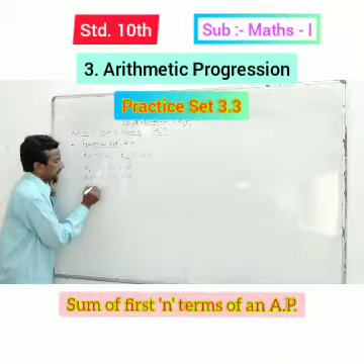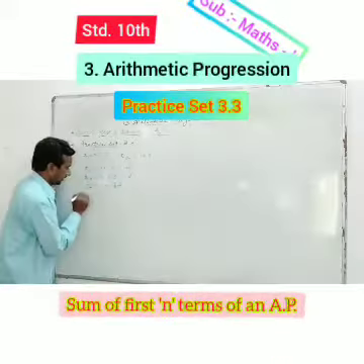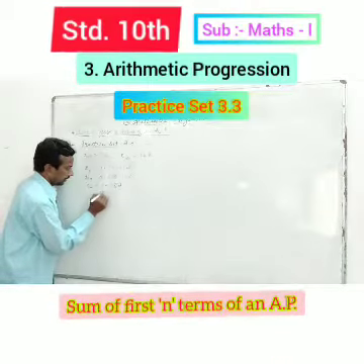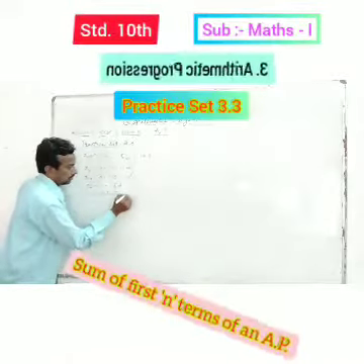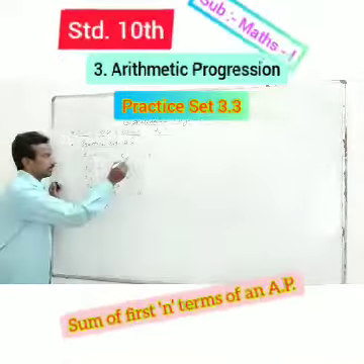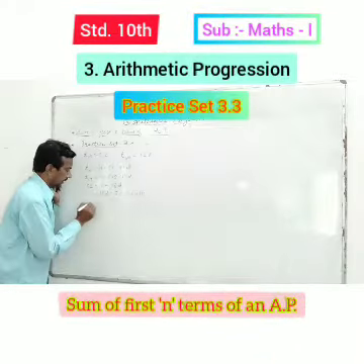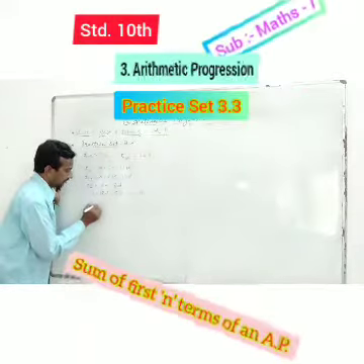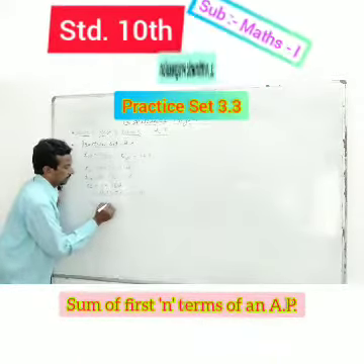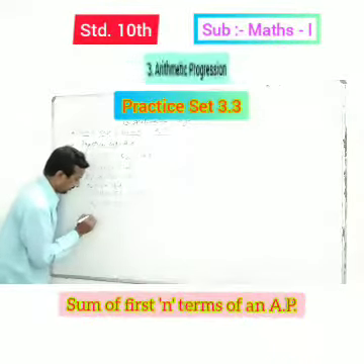T19 is 52, equal to a plus 19 minus 1 is 18d. Therefore, we get a plus 18d is equal to 52. This is equation number 1, suppose. Now equation number 2. Take n is equal to 38. Then we have T38 is equal to a plus 38 minus 1 into d.